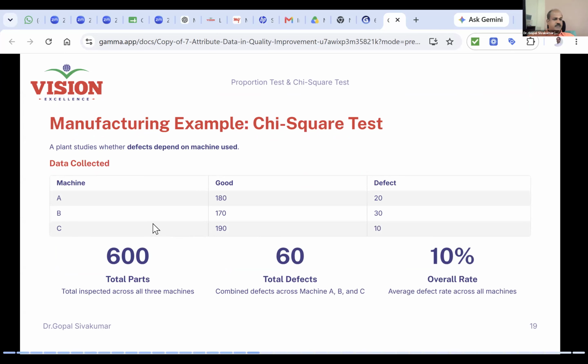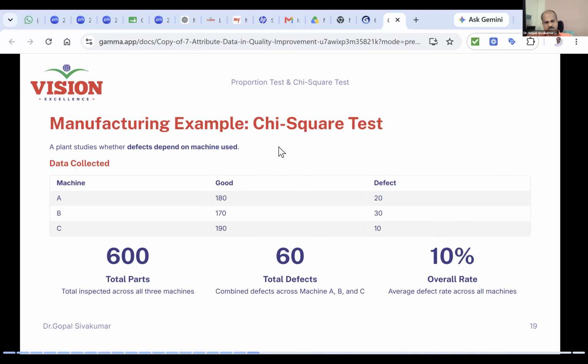Look here, there are three machines now: machine A, machine B, machine C. Machine A produced number is available here. Good parts 180, bad parts 20. And 170 good parts. That means again the part produced is 300 only. Good is here, bad is also here.